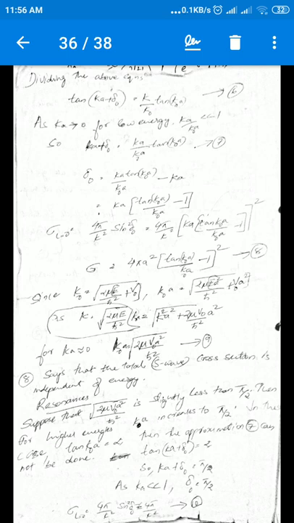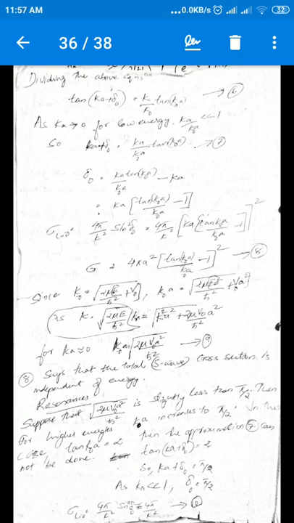We know that the formula is 4π/k² into sin²δ0, and when you substitute for δ0 it will be 4π/k² into [ka (tan k0a/k0a minus 1)]².